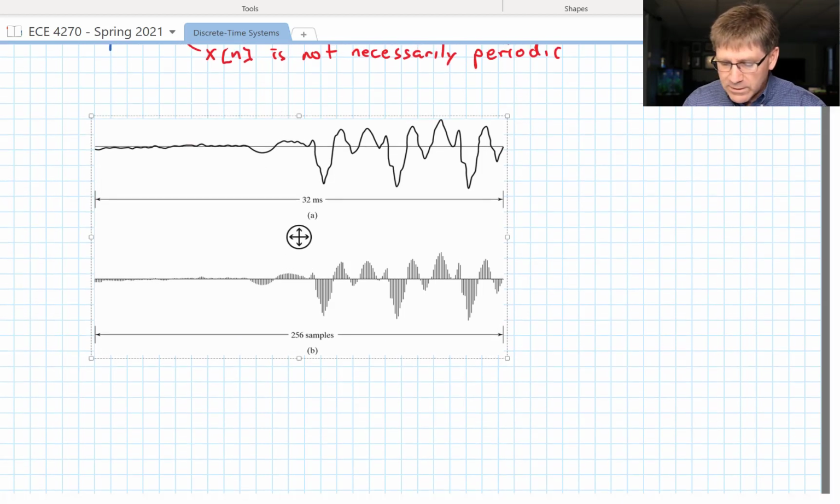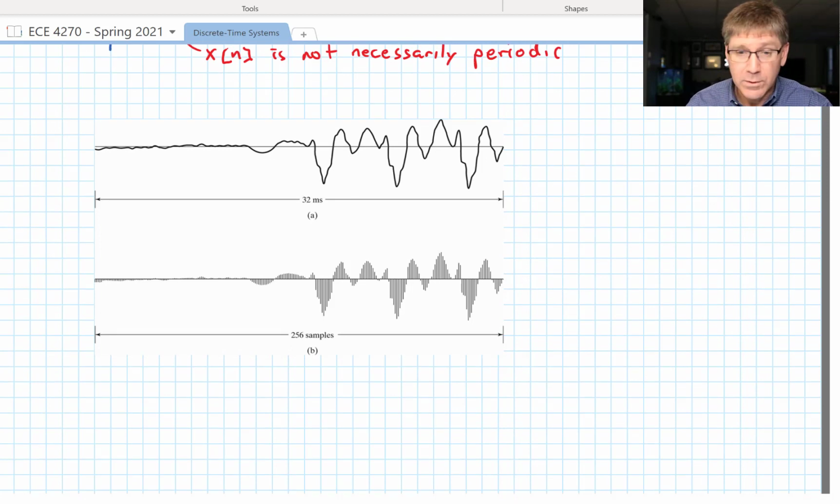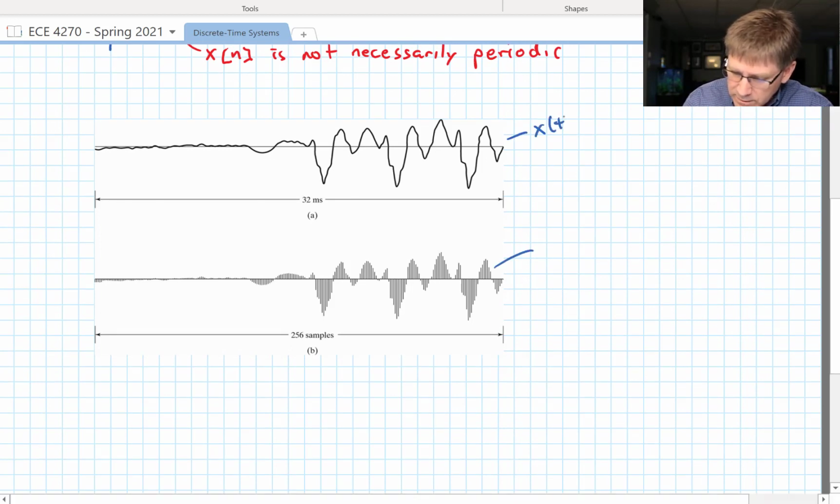We have this continuous time speech signal, and then we sample it. So we started with x of t, continuous time speech, and now we have x of n, and we're going to talk more about sampling later.